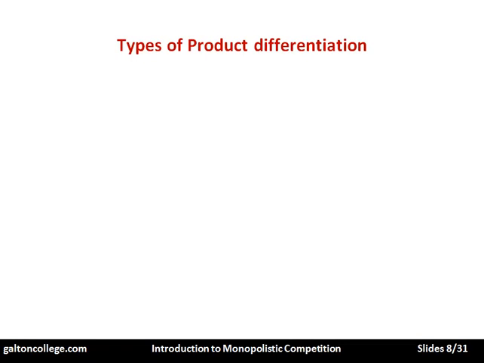Now, as mentioned before, the types of differentiation, but just to look over those again, we could have style changes. That would differentiate the product, where let's say one producer made slight differences to the product, changed the product slightly and put it on the market. That would be a style change, and that would differentiate the product. In essence, the product is the same, it's just a small change perhaps.